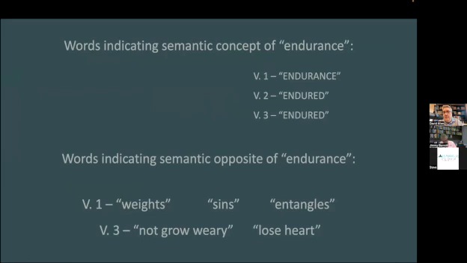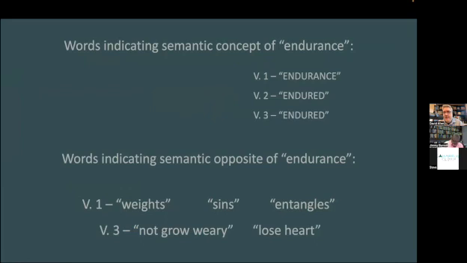The word in Greek is hupomone, and it means to keep on keeping on, bearing under a load, meaning you don't quit. You don't stop, you don't quit, you endure. Now, this is the main concept that the author is combining with the words "run the race."